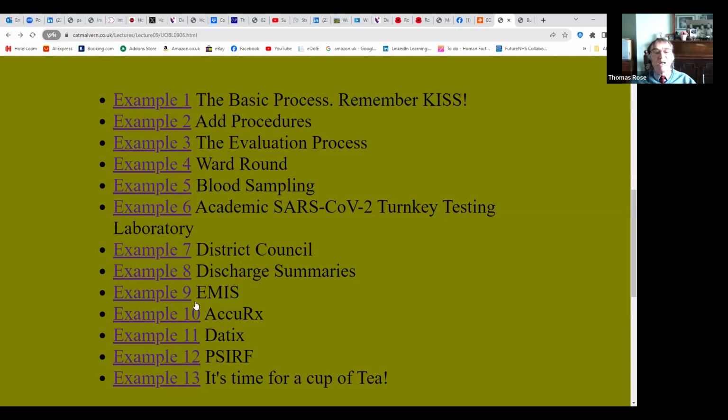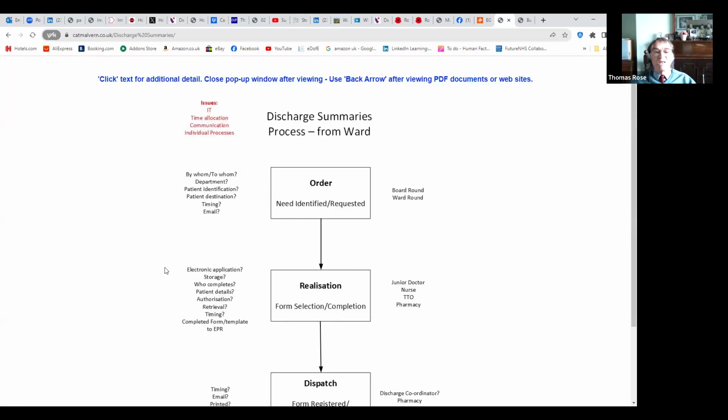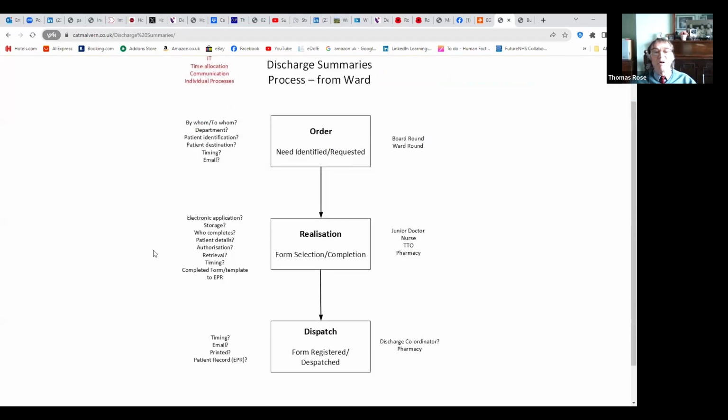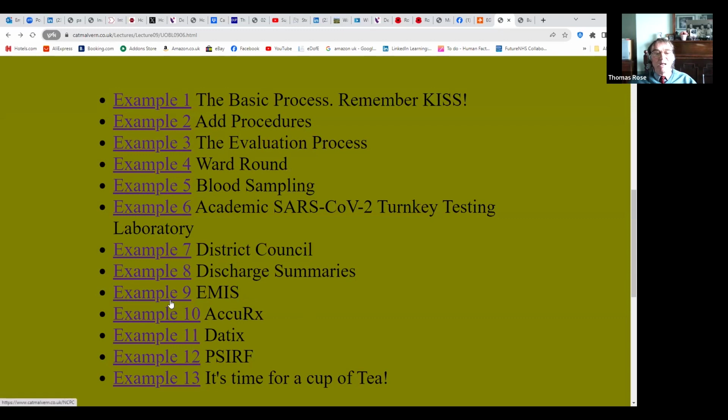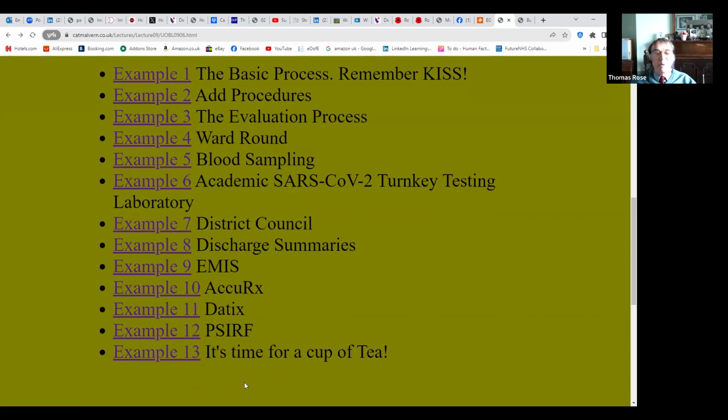I've got a few more here. Discharge summaries. This is one that I'm working on at the moment. And what comes into this is the board round and the ward round. And there's a few more here that I haven't got time for, but here's one.